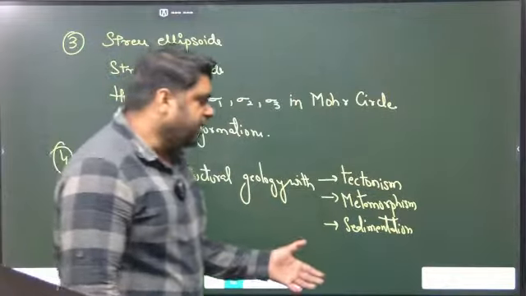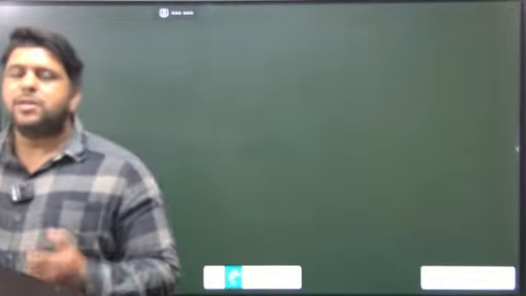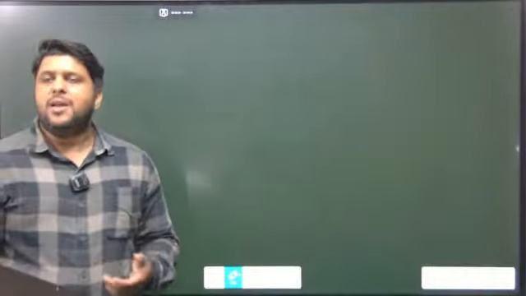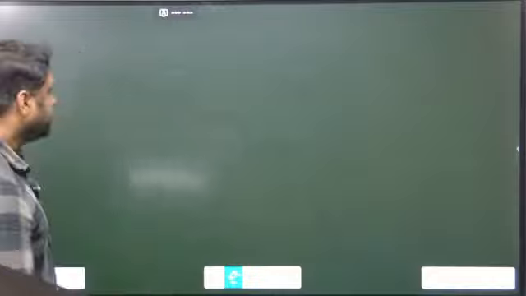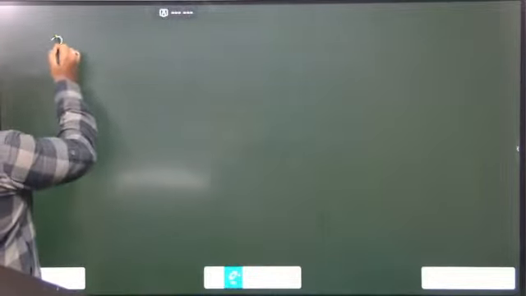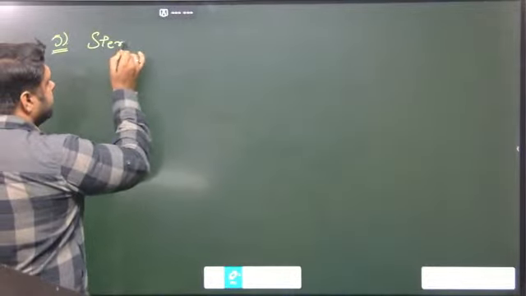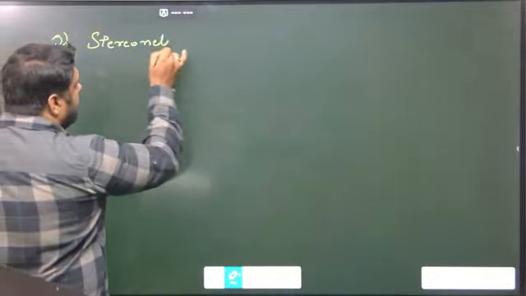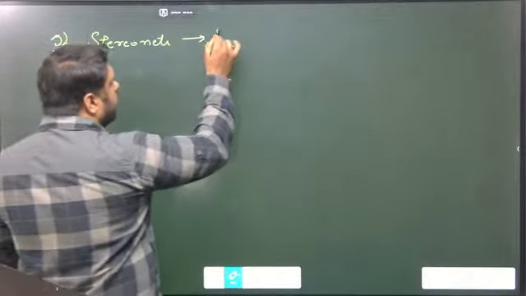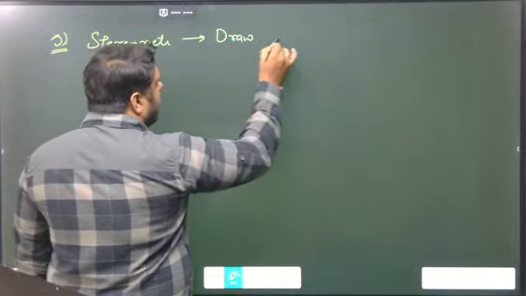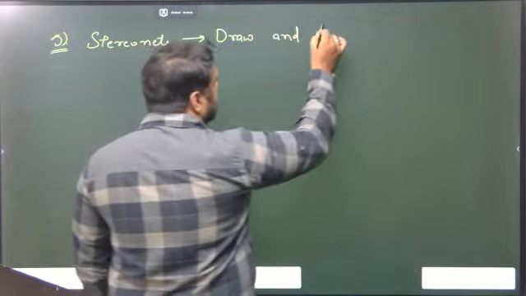Then after studying this, we will be talking about stereo nets, how to draw them and their interpretations. This will be the fifth part of the syllabus which we teach. In stereo nets, we will teach you how to draw them and their interpretation also.